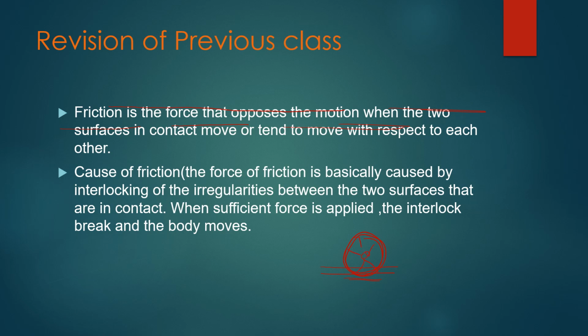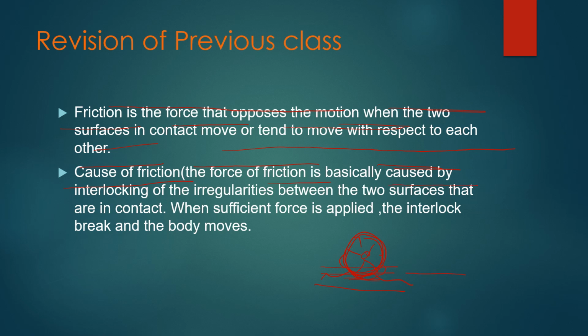We have studied this in the previous class. So what are the causes of friction? The force of friction is basically caused by interlocking of the irregularities between the two surfaces. There are irregularities in both the surfaces, like a tire and the road. When sufficient force is applied, the interlock breaks and the body moves.